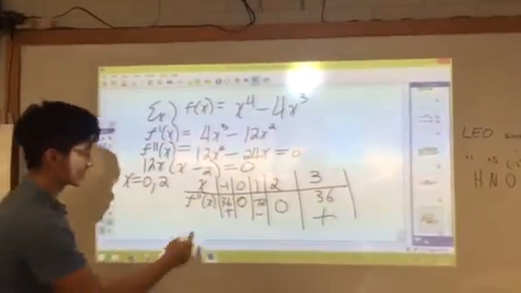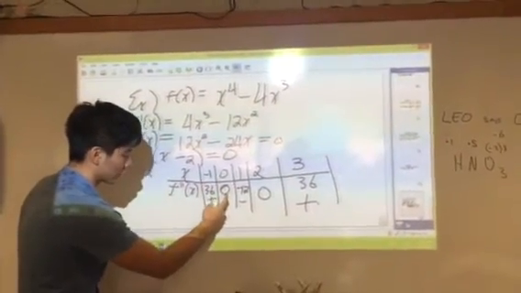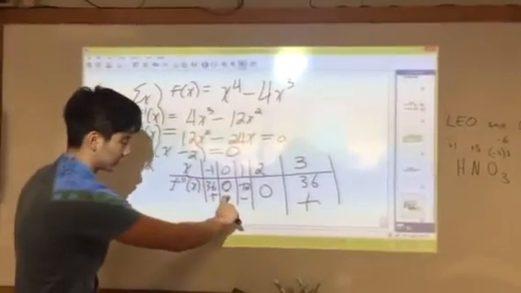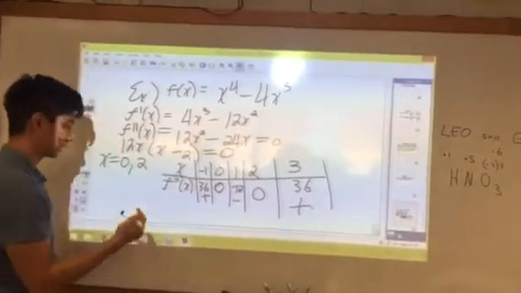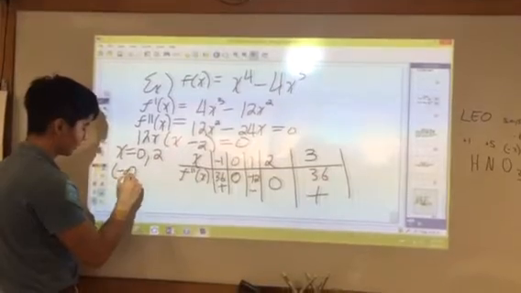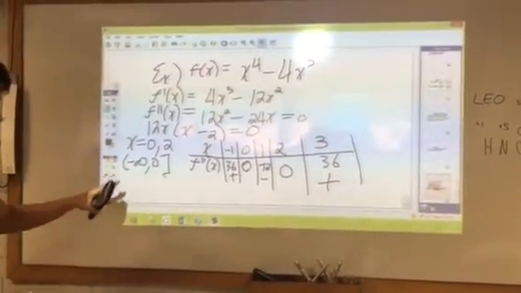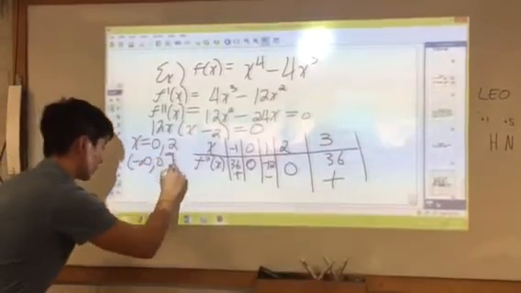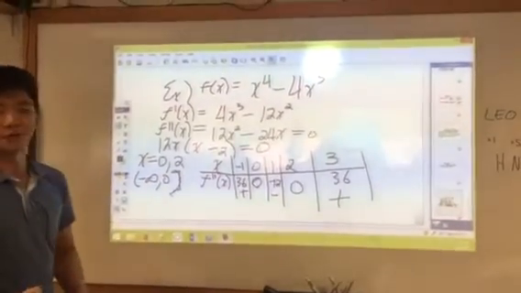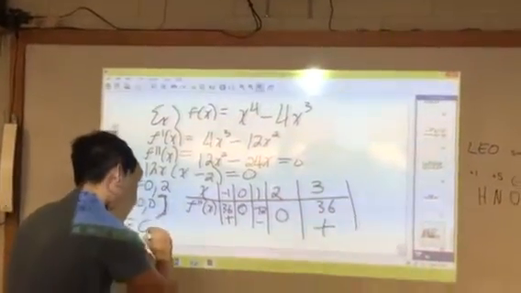As you can see here, from values that go before 0 all the way to 0, it gives a positive value. So that's concave up. And to write this, you would write -∞, comma 0.